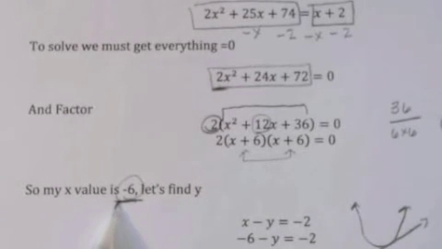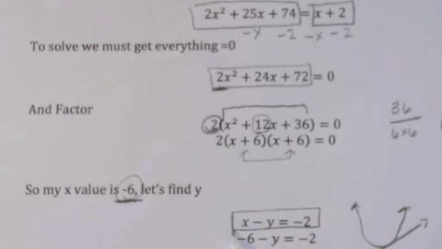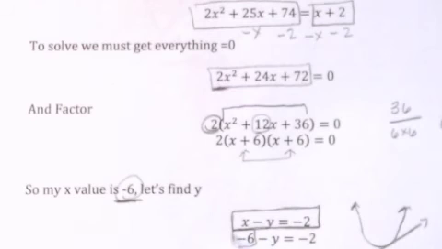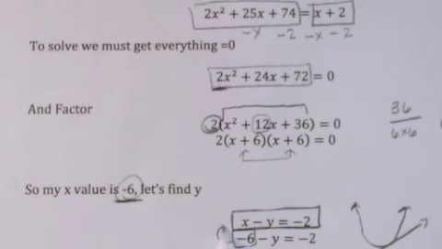Now that I've found the x value, I need to find the y value. So I go up to the original linear equation, and it doesn't matter. You could use the quadratic equation as well, but I use the linear one just because the arithmetic is a little easier. And I substitute -6 for my x value right there, because I know that they intersect where x is equal to -6.